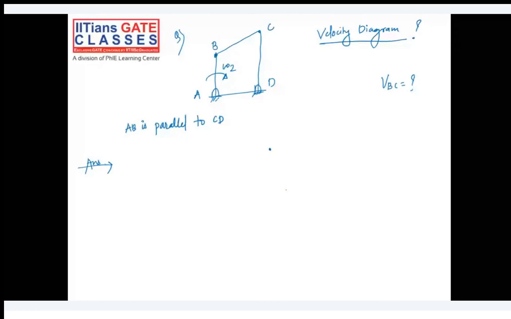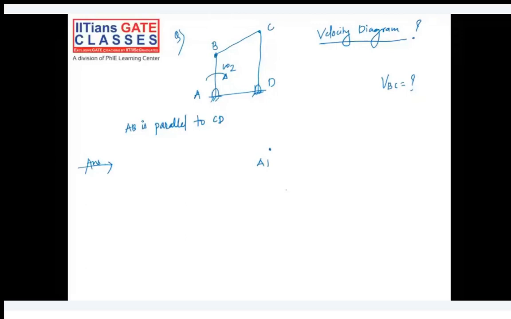Because if you see, A and D are here itself, because that is fixed. And what will be the direction of the velocity of link AB? It will be in this direction, correct? At point B, the velocity will be, I'll just use the red pen to make sure you understand, this is the velocity of B. And what is its value?